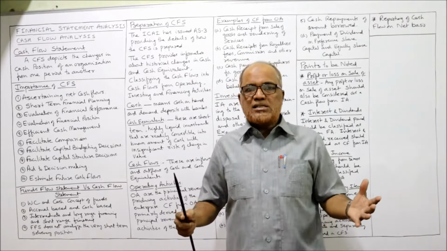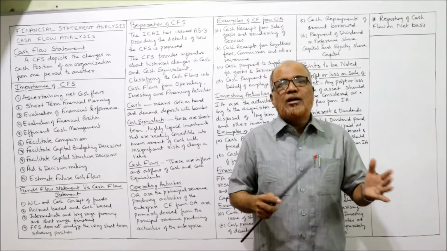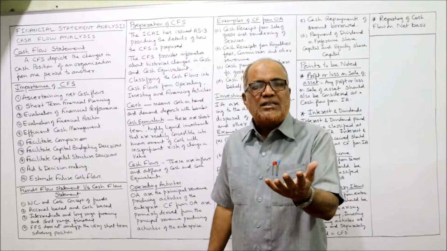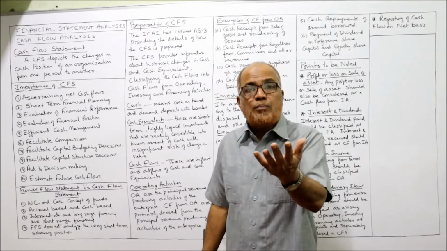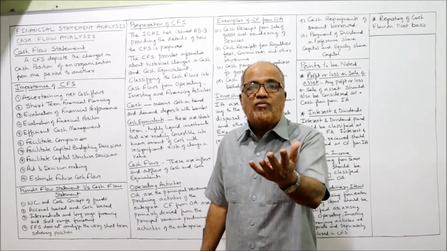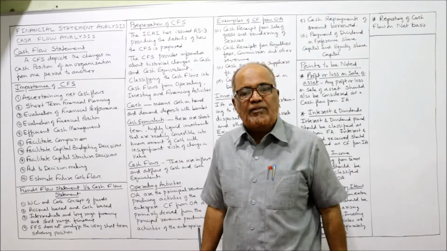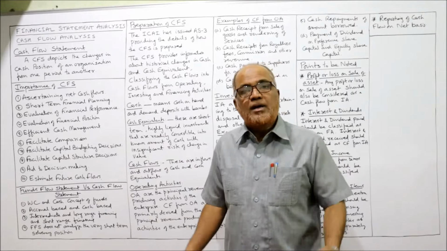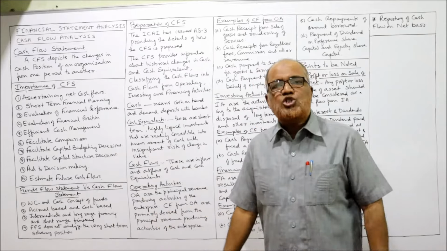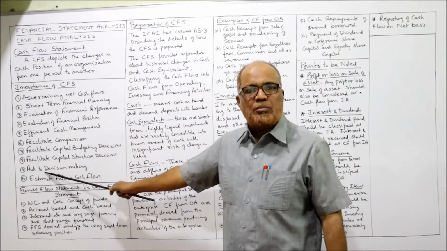So before taking a decision on dividend declaration, the management will see the cash flow statement, whether proper cash is there or not. What will be the impact if we declare the dividend? Similarly, for repayment of loans, if we have surplus cash, is it better to make the repayment of loan or redemption of loans like that? So this cash flow statement will help the management in decision making.